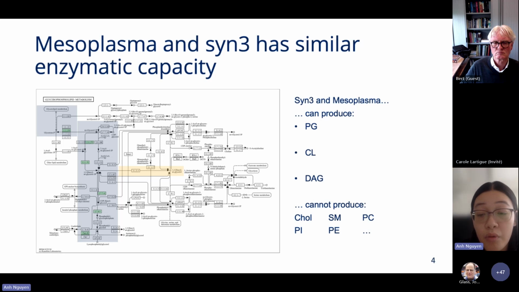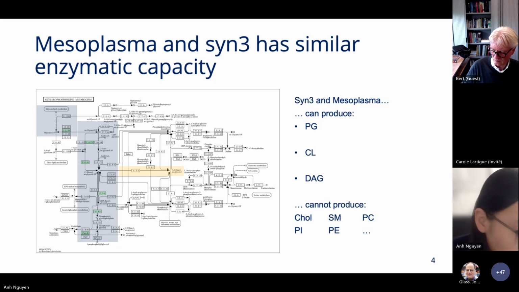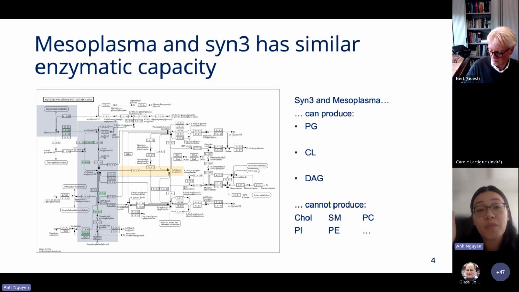However, all of the other types of lipid, like cholesterol, sphingomyelin, PC, PE, they cannot produce themselves at all. They can take them up from the media and put them in their membrane, but they cannot synthesize the head group themselves. Okay, so if they have a very similar enzymatic capacity, will they have the same membrane?